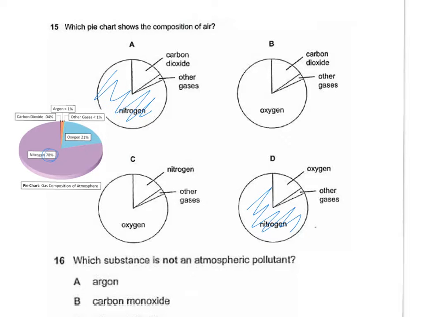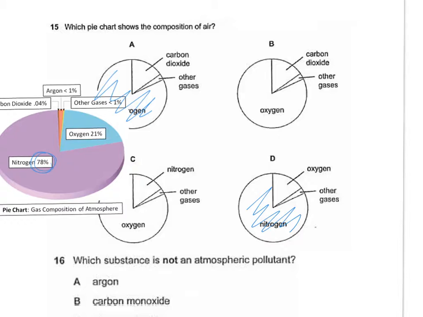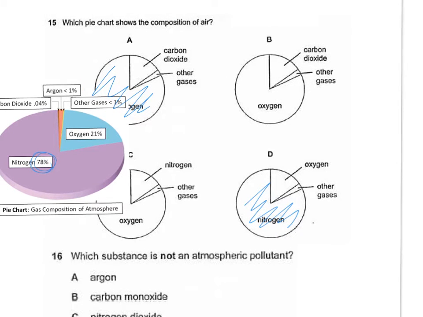We know that oxygen actually is 21%, so this is most likely that. Well, carbon dioxide and argon and other gases are usually the rest of it. So answer for 15 is D.